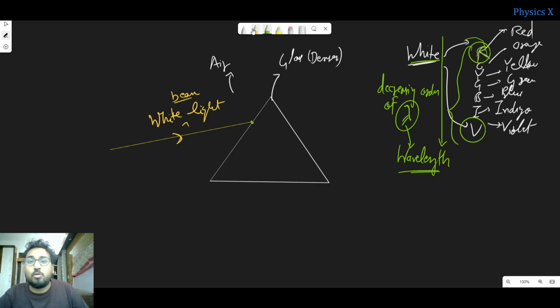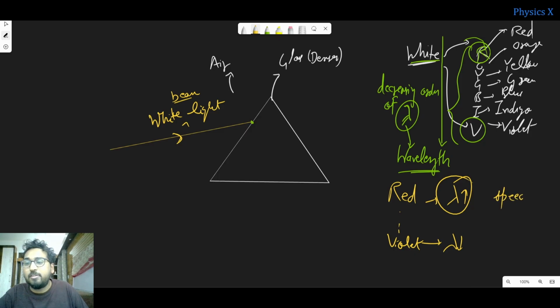So red has the highest wavelength and violet has the least wavelength. The speed is highest in red because it is the largest wavelength light, and the speed is further reduced when it enters a denser medium.